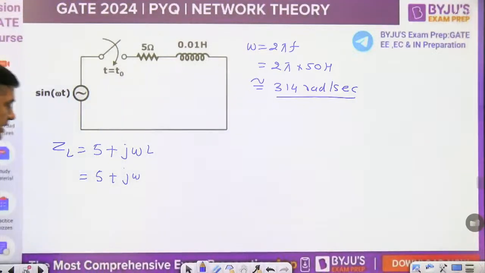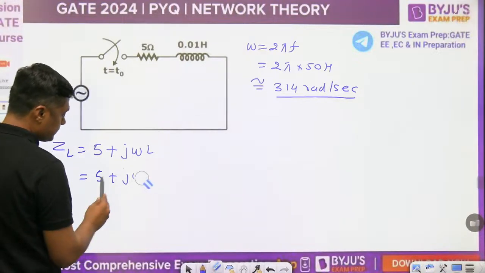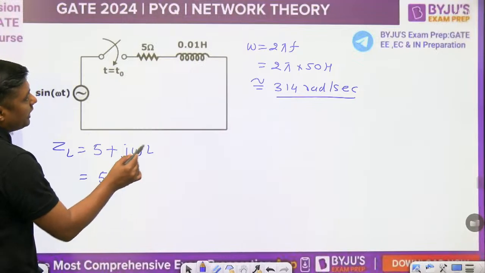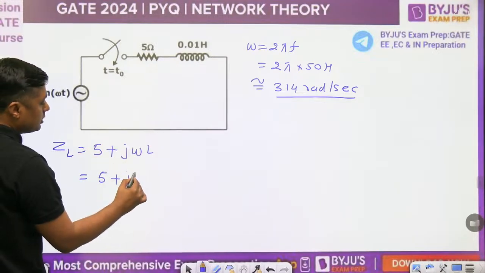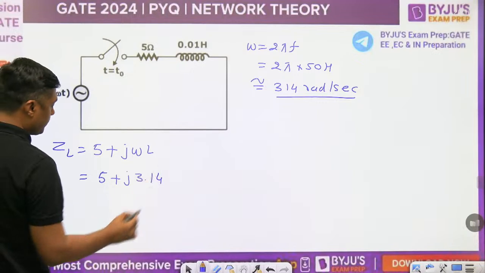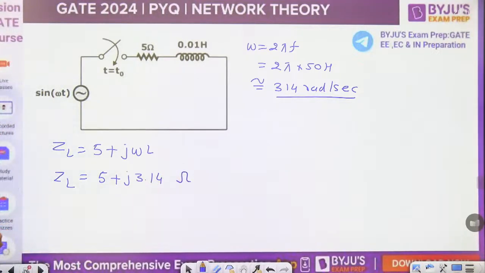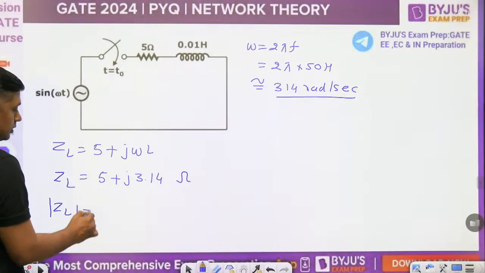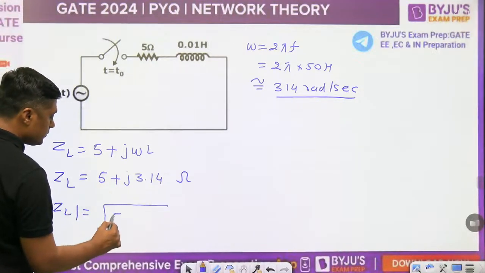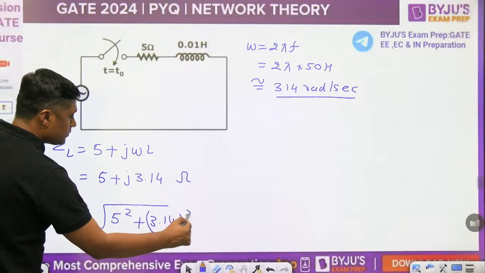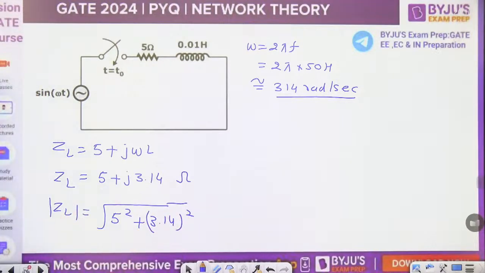So when we are writing here j omega into L, 0.01, it will become 3.14. That is the value of ZL in ohm. From this you can find the magnitude of ZL. Root over 5 square plus 3.14 square. Okay, find the magnitude of ZL.